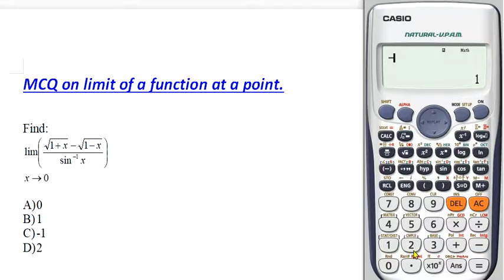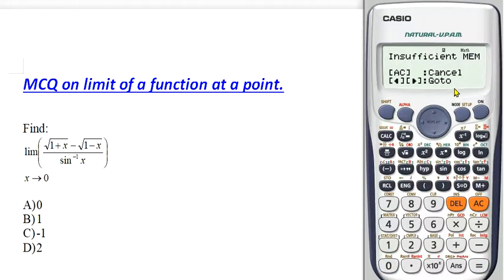Let's take the starting value as minus 0.1. Then for the end value, I approach 0 from the right hand side with 0.1. That's enough. You can take any value very close to 0. For the step size, let me take 0.01 and press equals.